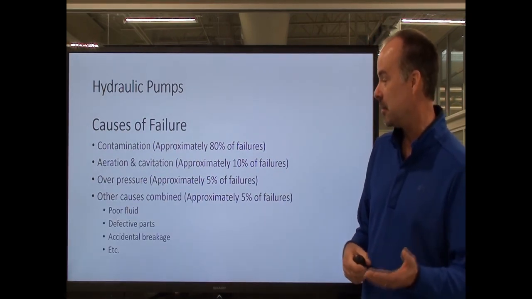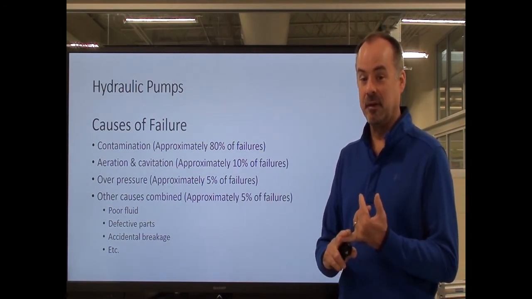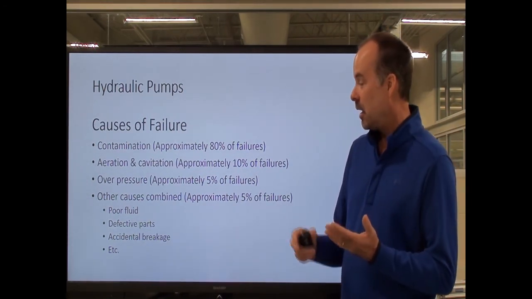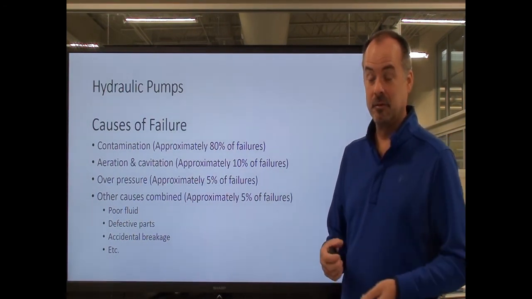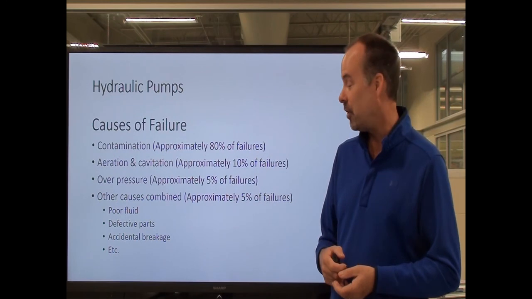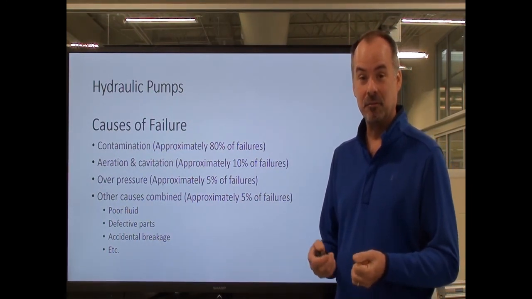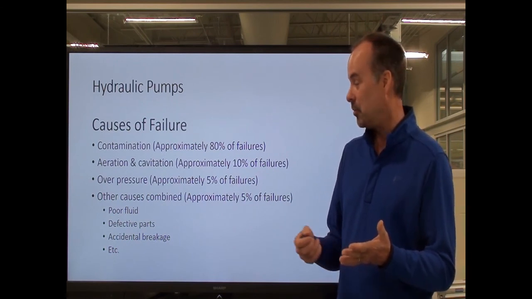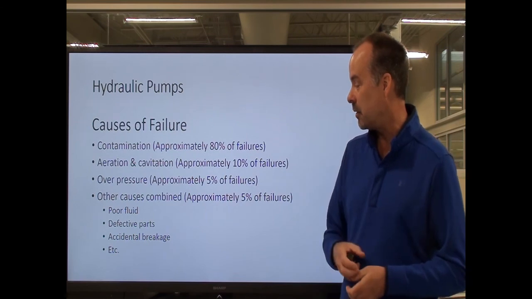Other causes include poor fluid. If you don't change the fluid often enough, the additives start breaking down. There can also be defective parts, where something breaks inside the pump, maybe a manufacturing flaw, accidental breakage, maybe over-torquing a bolt and breaking it, or not getting everything seated just right when you put the housing back together.